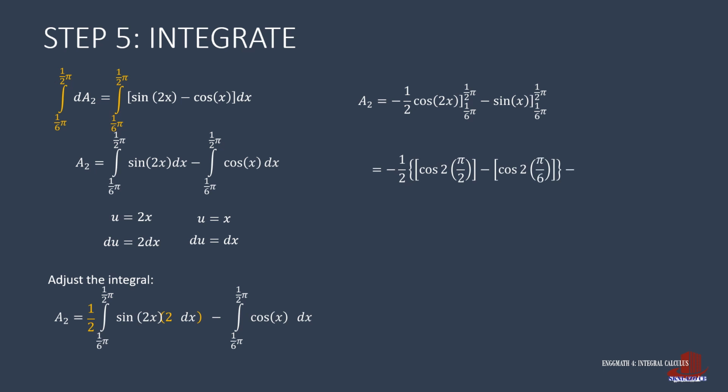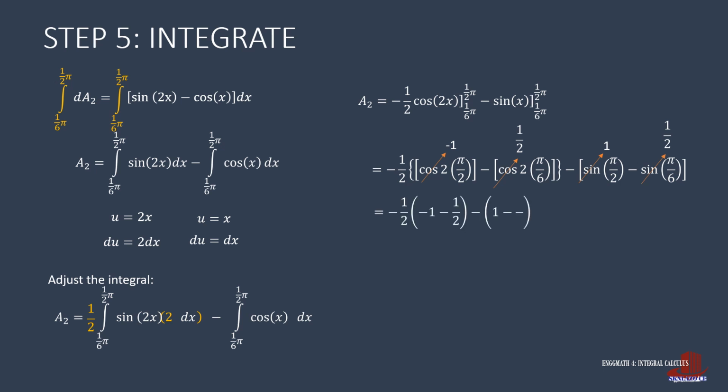Plug in these limits and have negative half of cosine of twice of pi over 2 minus cosine of twice of pi over 6, then subtract sine of pi over 2 minus sine of pi over 6. Cosine of pi is negative 1. Cosine of pi over 3 is 1/2. Sine of pi over 2 is 1, and sine of pi over 6 is 1/2.